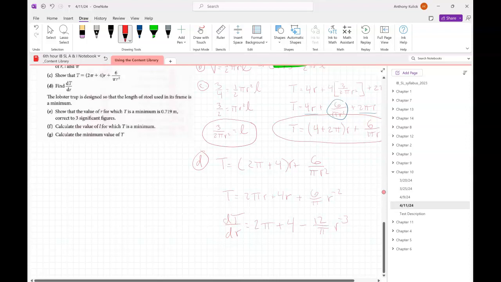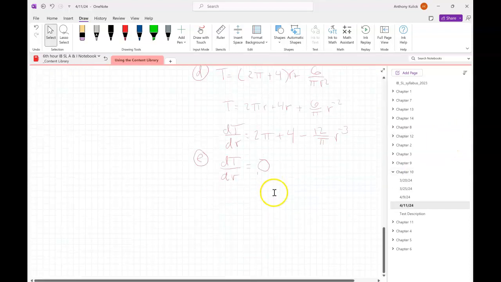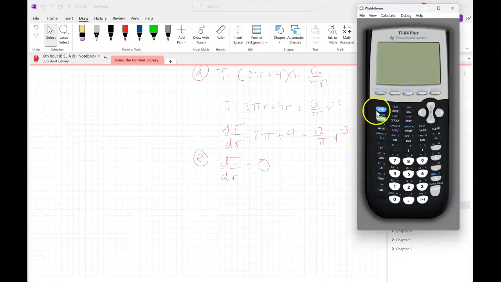So the next statement says the lobster trap is designed so that the length of steel used in the frame is minimized. That's T is what they're talking about. So to minimize T, what do I need to do? I need to solve dT/dr, the derivative of T, equal to 0. What am I going to use to do that? I'm going to graph it on my calculator.